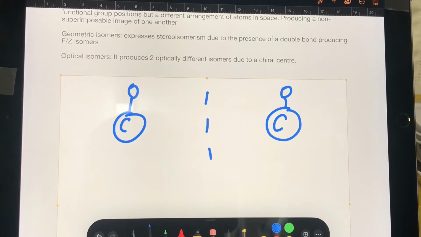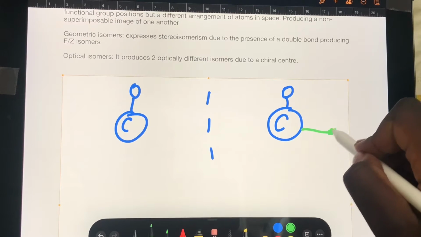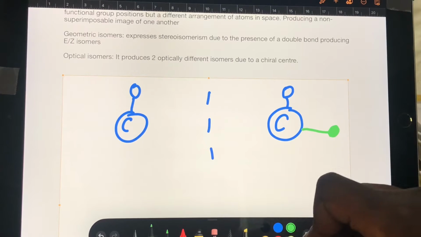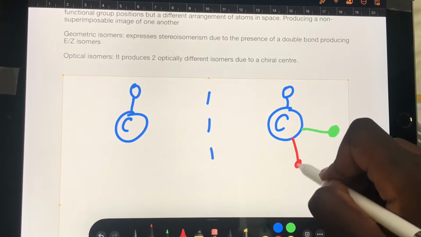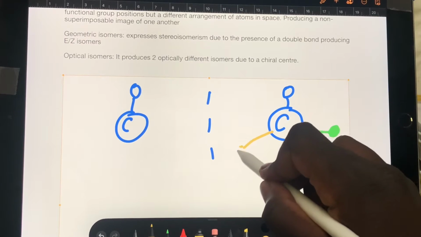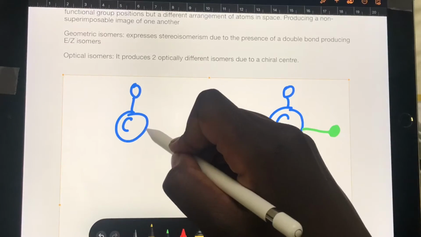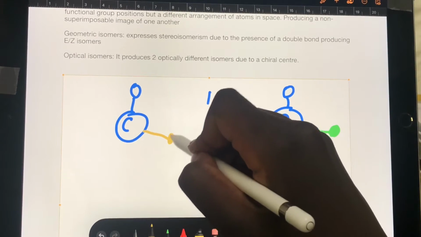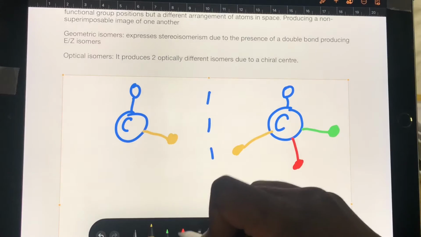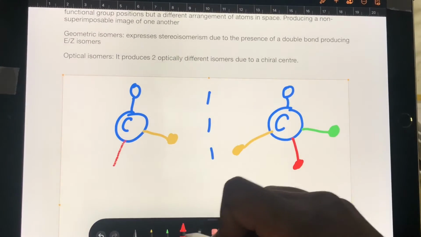And then let's get three colors. Let's get green, red, yellow. And now I'm going to do the same to the other side, but it's going to be a mirror image of it. So we have yellow here, red here. Oh, very weird.